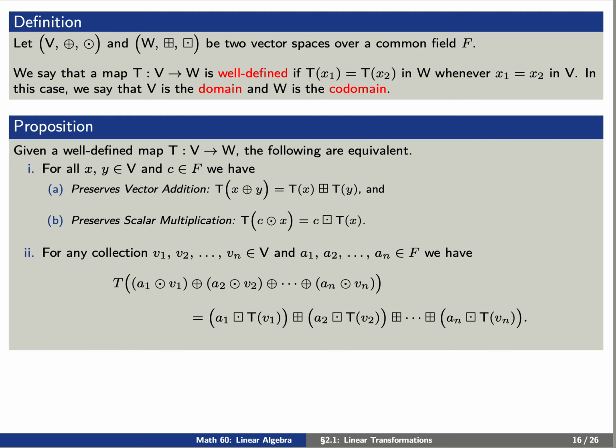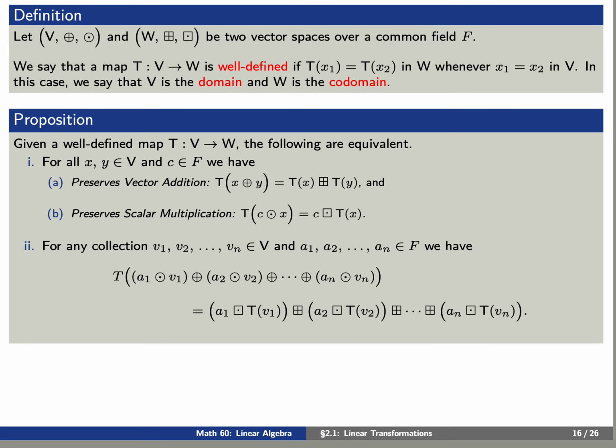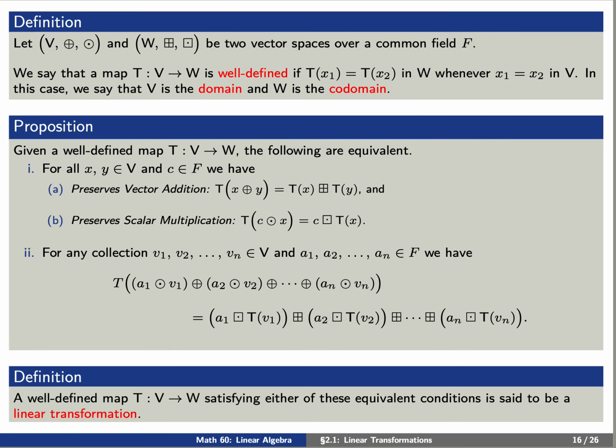The image of that, after we apply T, should be another linear combination now involving the a sub i's as well as the T of v sub i's. For the second property, we would say that T preserves linear combinations. A well-defined map satisfying either of these equivalent definitions is said to be a linear transformation.